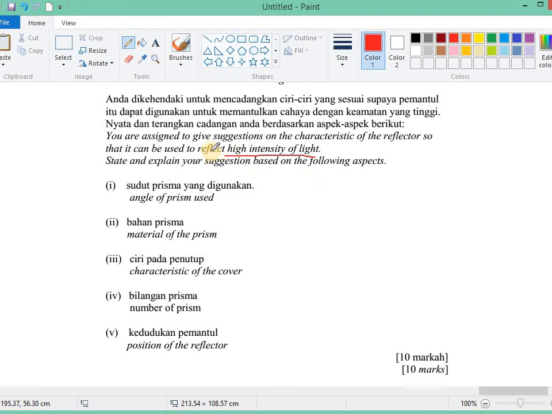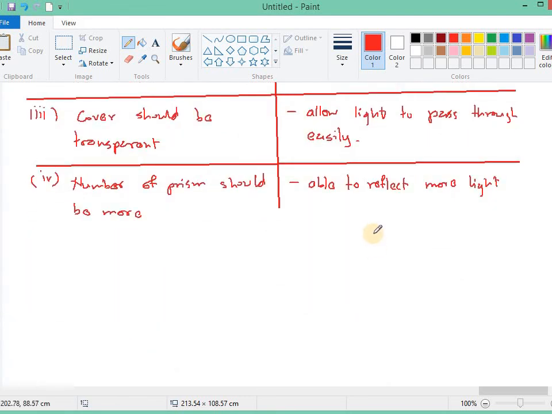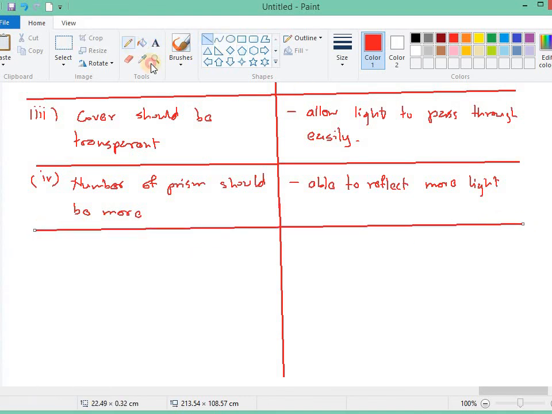Inside the question it says it can be used to reflect high intensity of light. Here we can say that it reflects more light, also can, because it's not exactly the same as inside the question. Or you can say reflected light can be brighter, also can. As long as you don't use back the same words, more light intensity, more intense light, like that cannot, because it's already inside the question.